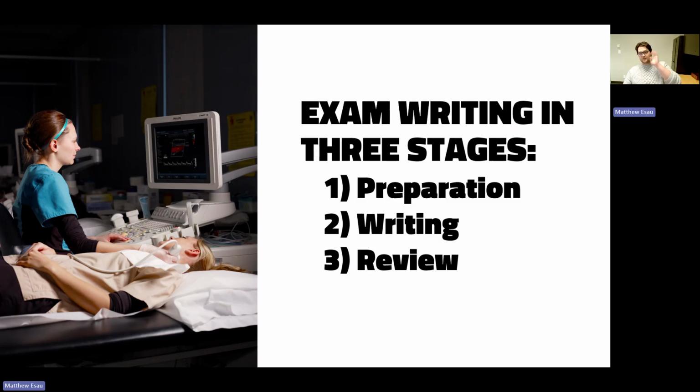As promised, we're going to talk about the three stages of exam writing. The three stages, of course, are preparation, writing the exam, the actual writing process, and review. This is what we're going to do after the exam.